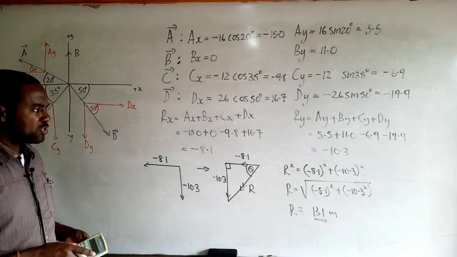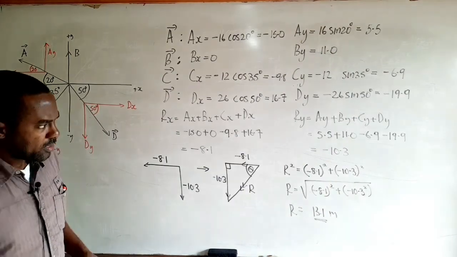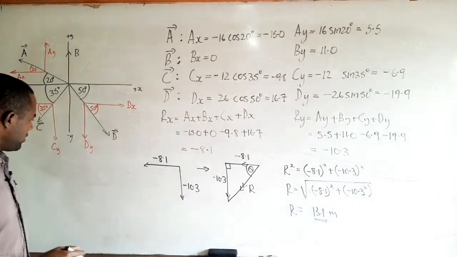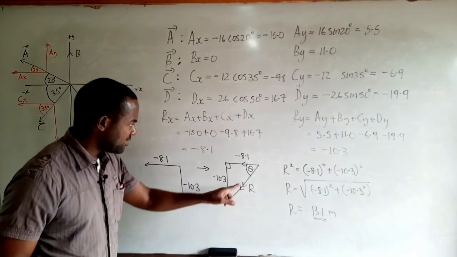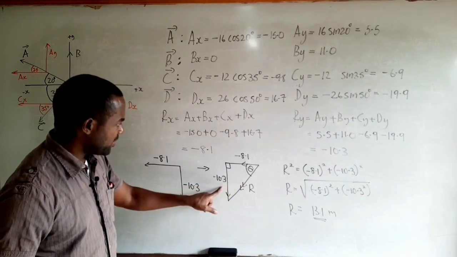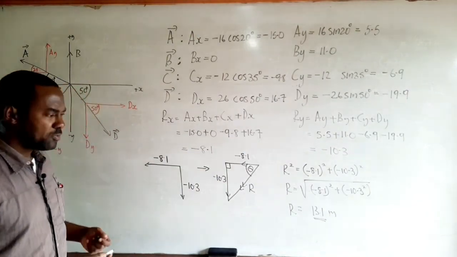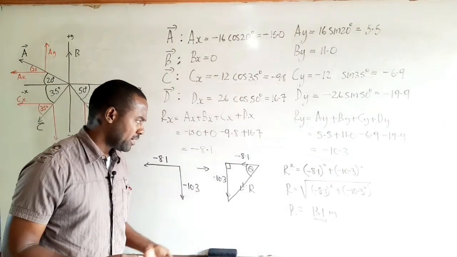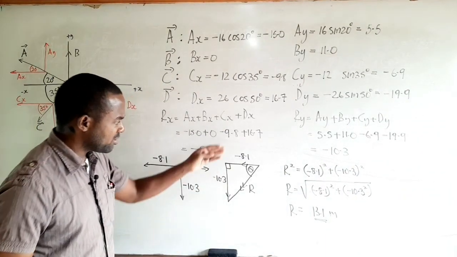So having calculated the magnitude, we must now find the direction. So alright, let's look at the angle here. We can say tan theta is equal to opposite over adjacent. Now basically, when finding the tangent of the angle, we simply disregard the signs, right? The signs are just there to show the orientation of the particular vectors. So we just ignore the signs when dealing with the angle.